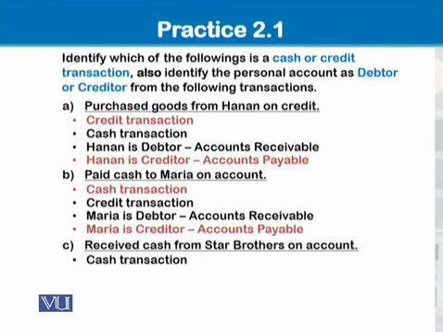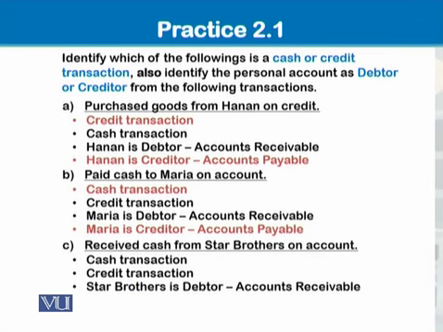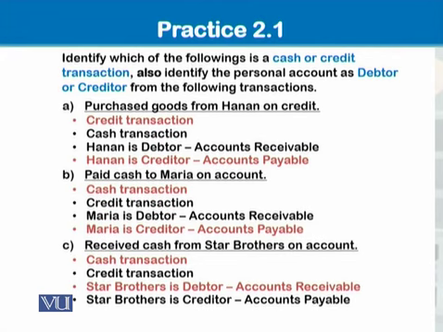Then comes another transaction, received cash from Star Brothers on account. Is it a cash transaction, credit transaction, or Star Brother is debtor or Star Brother is a creditor? So the answer is that it is a cash transaction. Yes, you are right, because cash is involved in this transaction. And Star Brother is a debtor because we are receiving from Star Brother.